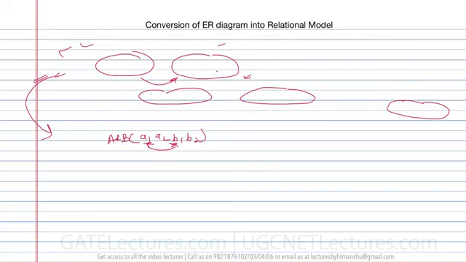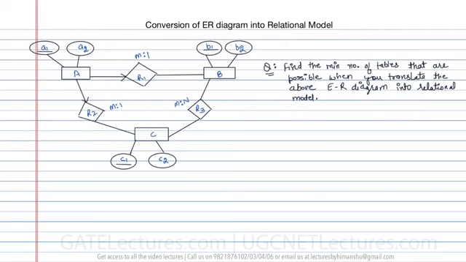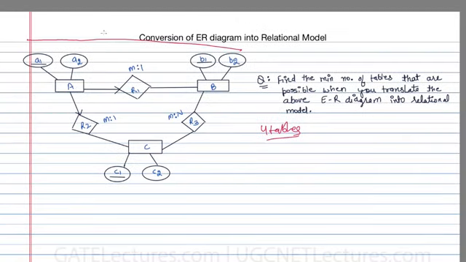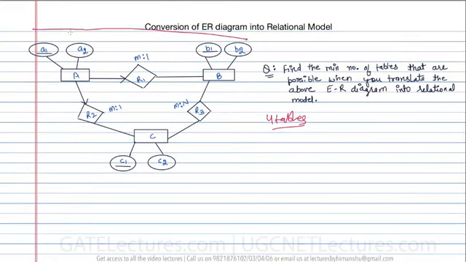Okay, fine. So now let us take this example. It is a previous year question. They are asking: find the minimum number of tables that are possible when you translate the above ER diagram into a relational model, right? So if you translate this, how many tables are required? Here the answer is 4 tables. Why are 4 tables required? Let's look at the relationships one by one.